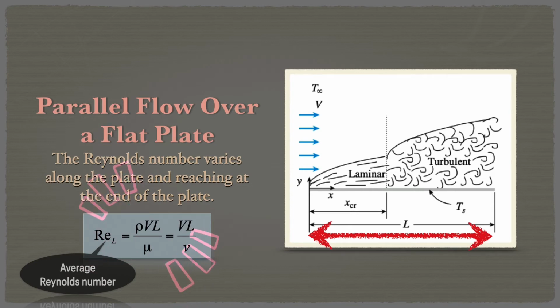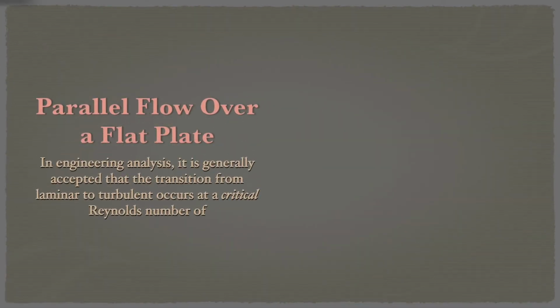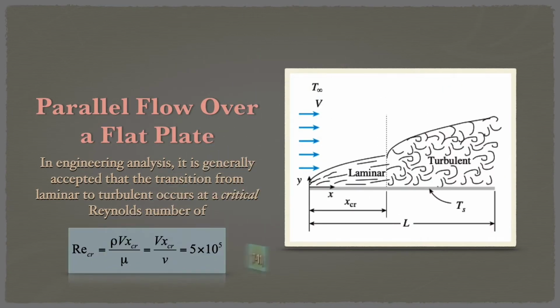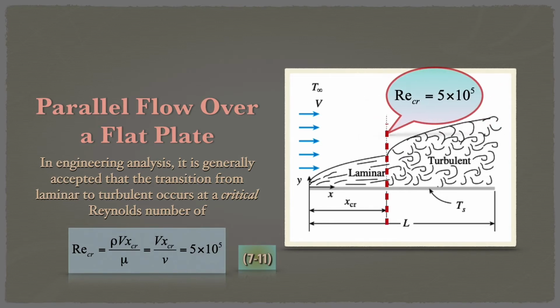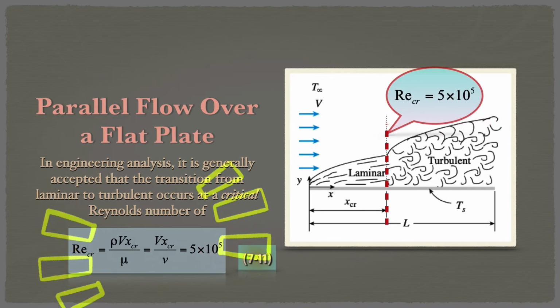For flow over a flat plate, the transition from laminar to turbulent begins at about 100,000. Still, it does not become fully turbulent before the Reynolds number reaches much higher values, typically around 3 million. In engineering analysis, a generally accepted value for the critical Reynolds number is given in equation 7.11.